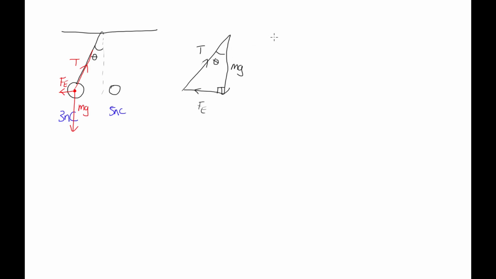So what we can write is that T cos theta has to equal mg, and that T sin theta will have to equal Fe, which is just given by Coulomb's law, which is k Q1 Q2 over r squared. So what we're trying to find is this theta. So let's call this one equation 1, and we can call this one equation 2.